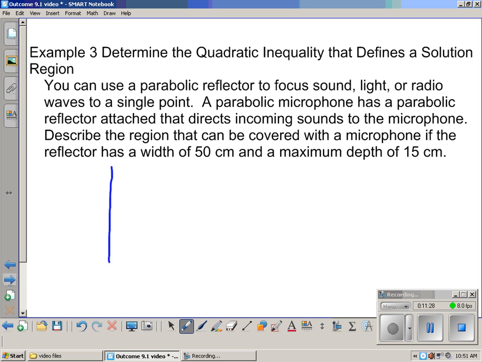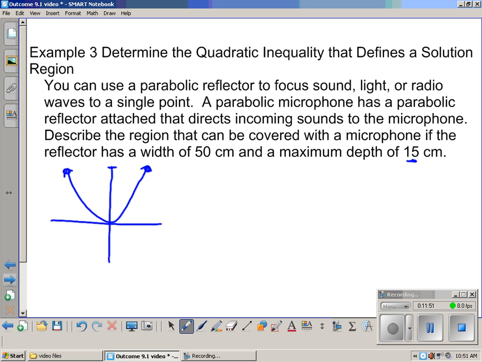So let's draw a picture of what this would look like. I'm going to put the vertex of my parabola at 0, 0. And so here's my parabola and my reflector. I know that it has a maximum depth of 15. And so the distance, these should actually be ending points.